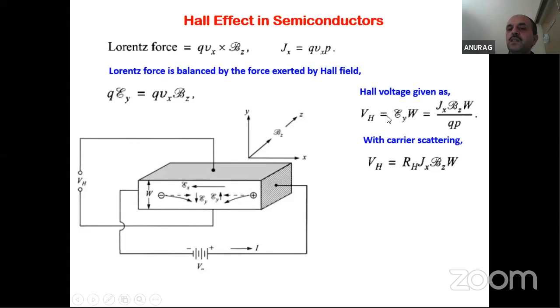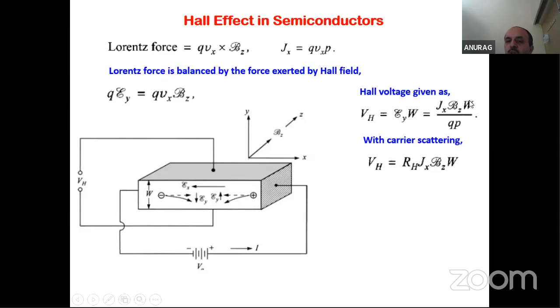This EY you can write from these terms: EY is equal to Vx Bz, and Vx you can write from this equation. So it comes out to be Jx Bz W by Qp, and this relation is usually written as VH is equal to RH Jx Bz W.